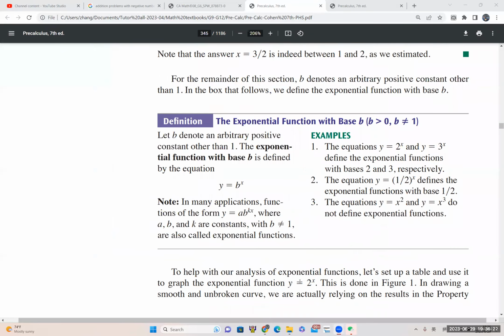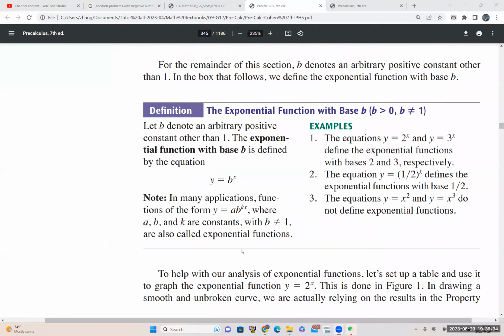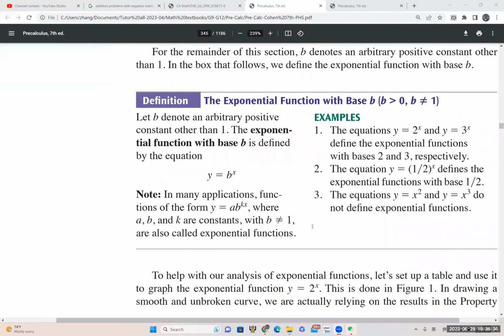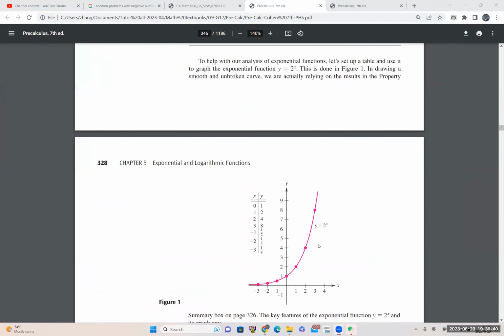Okay, here is a definition. The base should be, yeah, I already mentioned it just now. A, B, K are just constants. Then its graph.